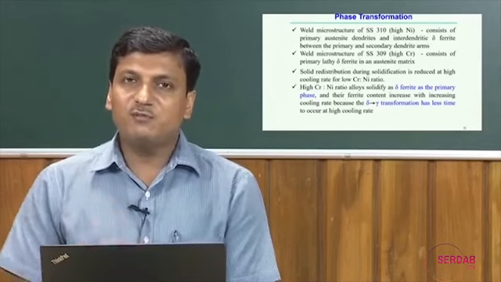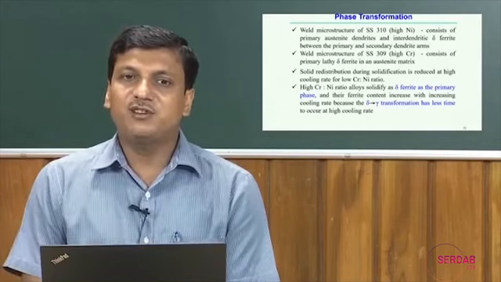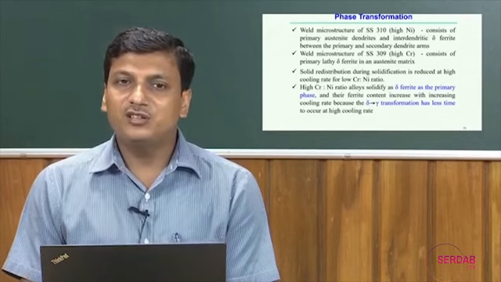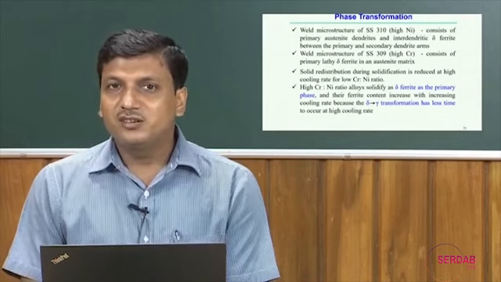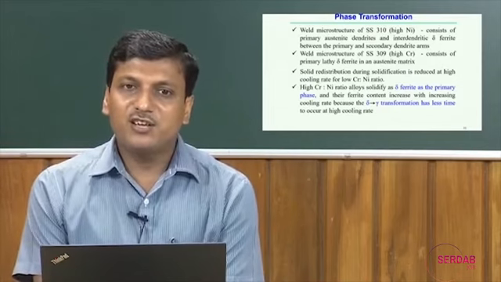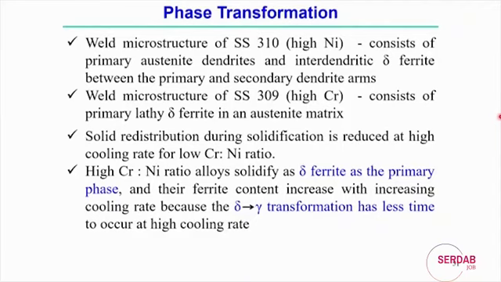For this type of material, with a high cooling rate and a low chromium to nickel ratio, the redistribution of the solid phases can be reduced. But if the chromium to nickel ratio is very high, the delta ferrite is the primary phase and the secondary, and the ferrite content actually increases with increasing cooling rate.